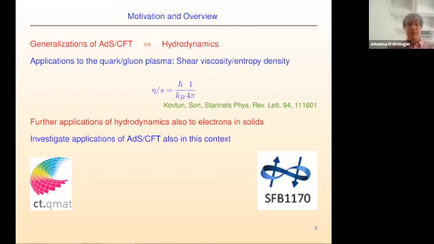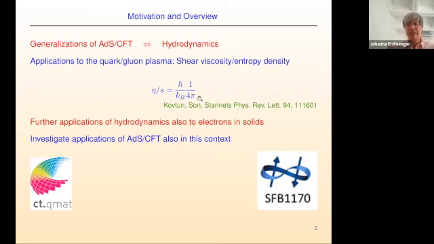In this plasma, the shear viscosity over entropy density has been measured, and the result agrees very well with the prediction of gauge gravity duality, due to the universality of this result, because it really doesn't depend very much on the details of the theory.